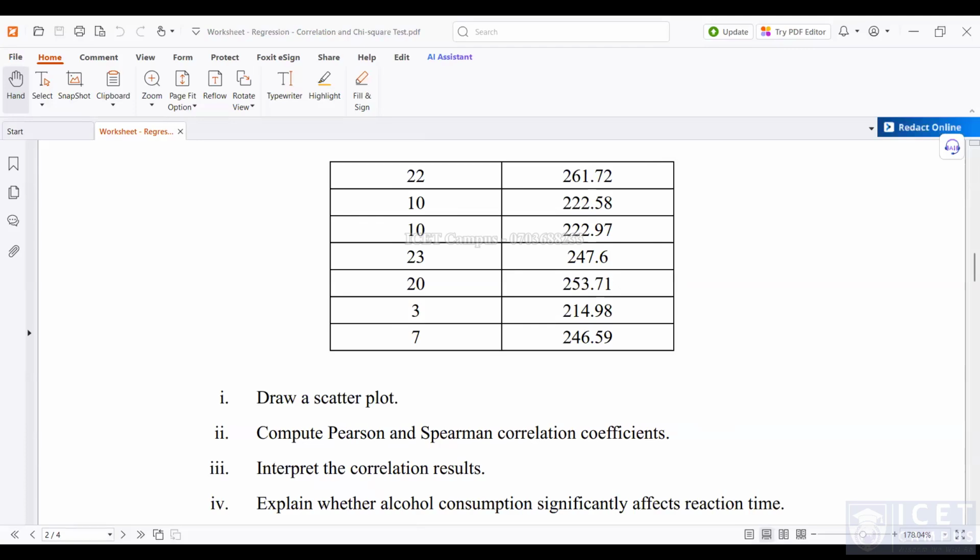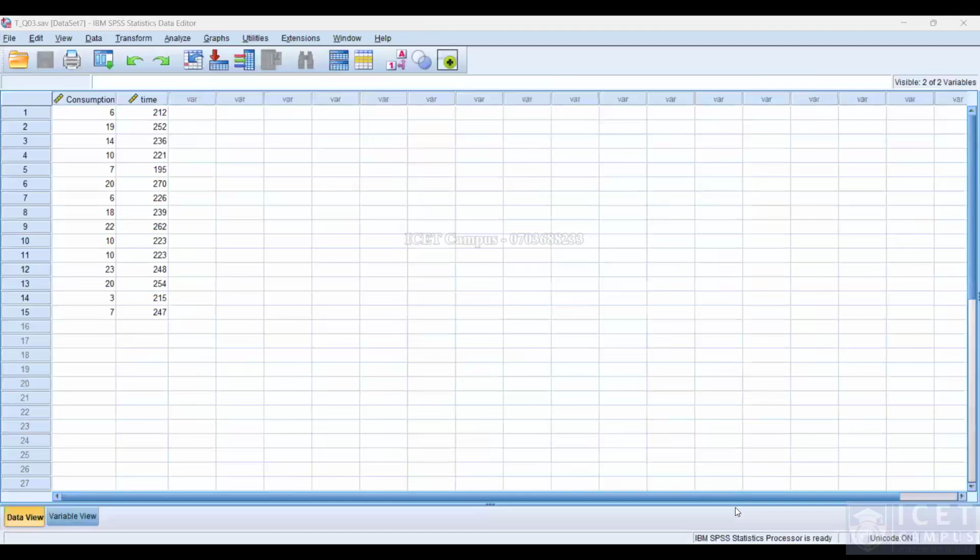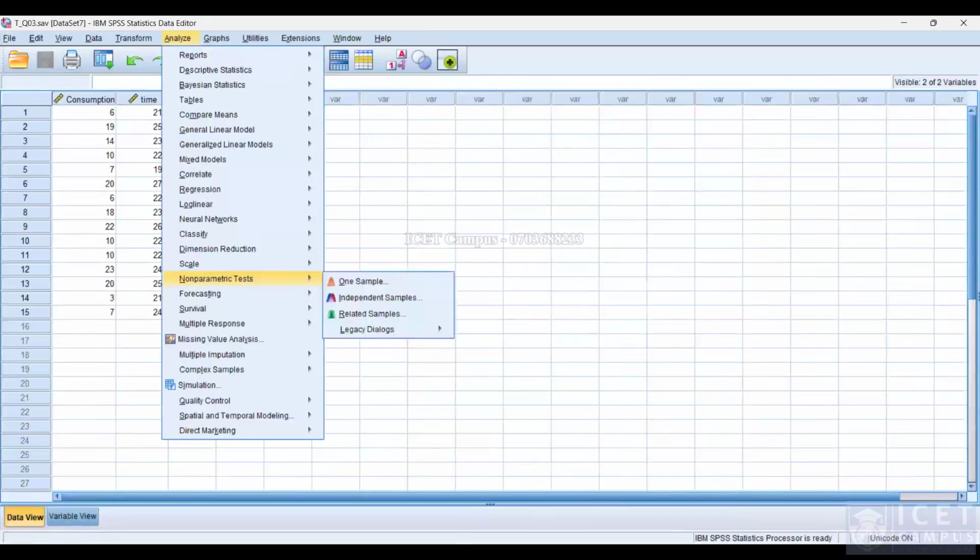Question number 3. Here we can see consumption and time, so we can enter this data. Then we have to draw the scatter plot first. Yes, draw a scatter plot.